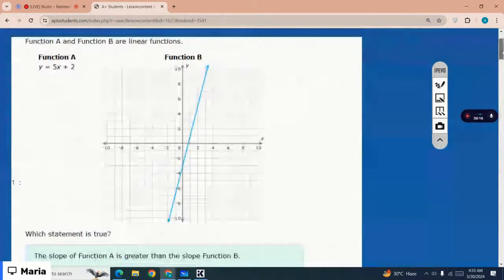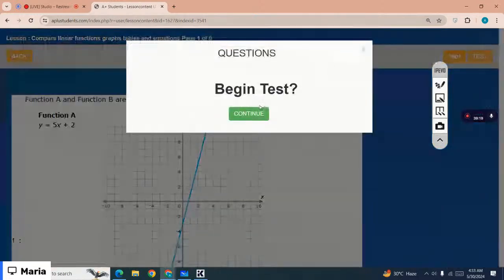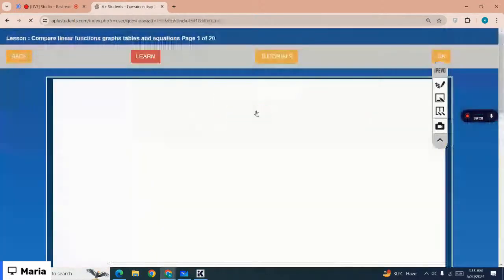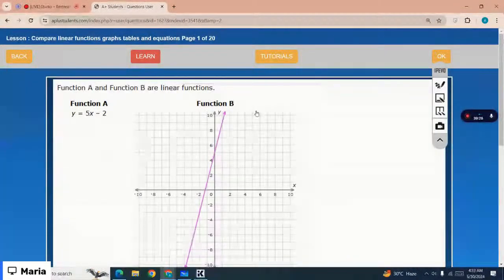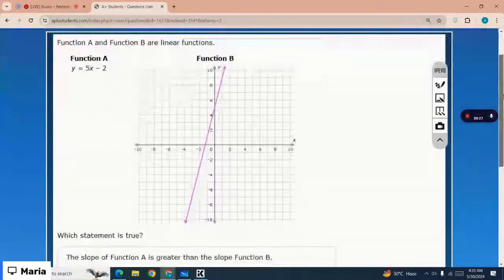Let's just start with the test questions. Function A and function B are linear functions. I think that's the same one we just did. No, that's not same. Okay, so you need to find the slopes. So the slope of function A is 5.